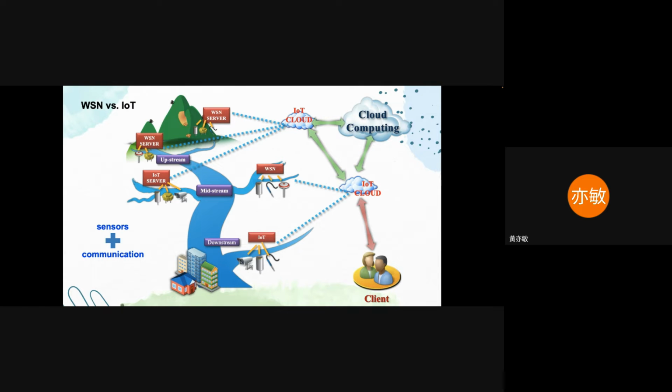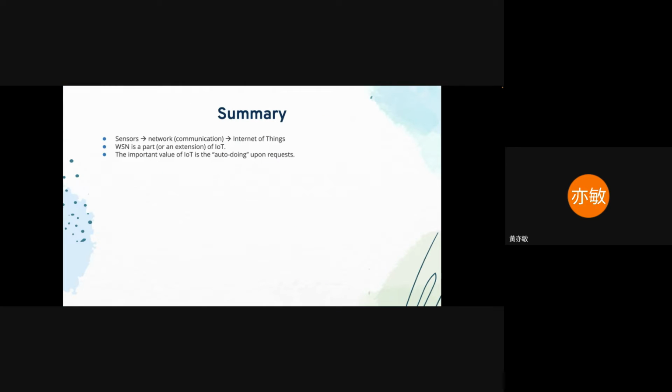That's also my point. I want everyone, to a certain level, to understand the disaster threats and the information about monitoring disasters. So in summary, we have the sensors. We can put them together to construct a network, and then you put a lot of networks together. It will be the Internet of Things.